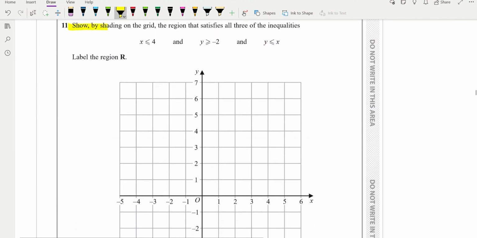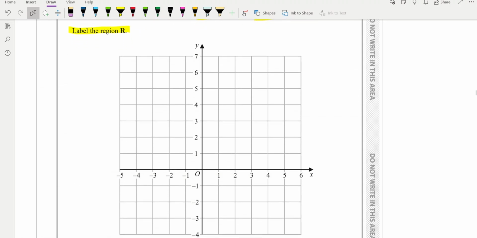Question number 12. Show by shading the grid the region that satisfies all three inequalities. Label the region R. First, x is less than or equal to 4. So we'll draw the line. Because this is less than or equal to, it will be a solid line, so we can draw a solid line like this one.